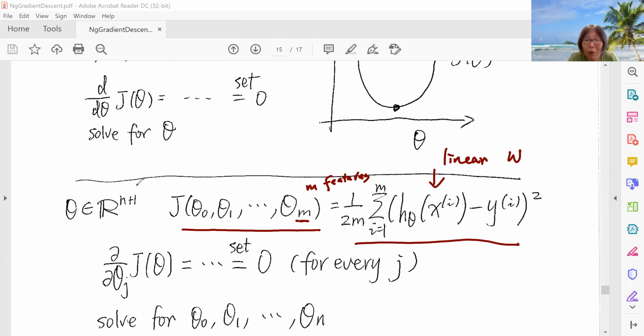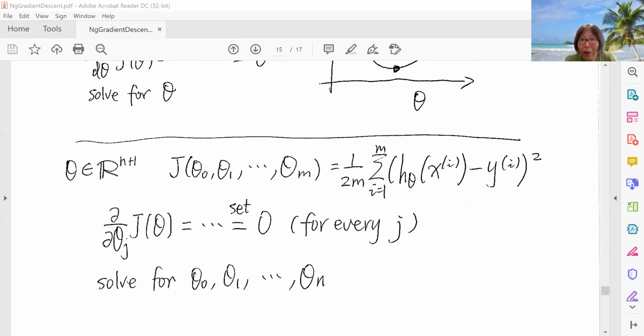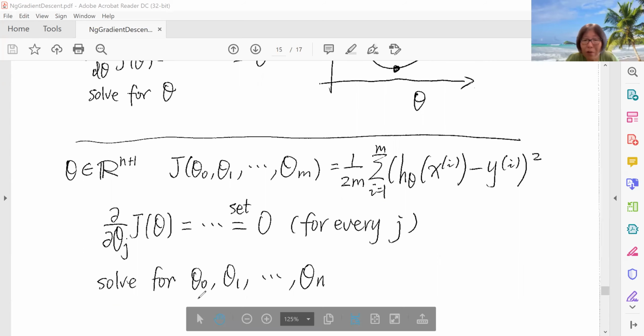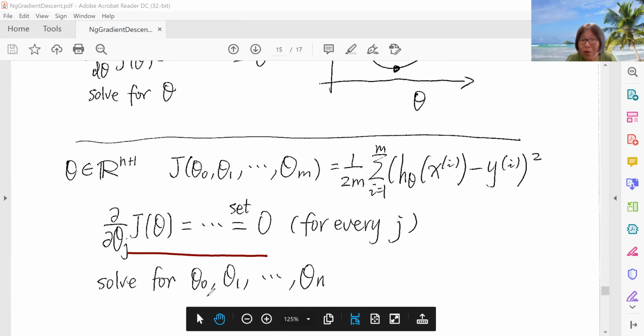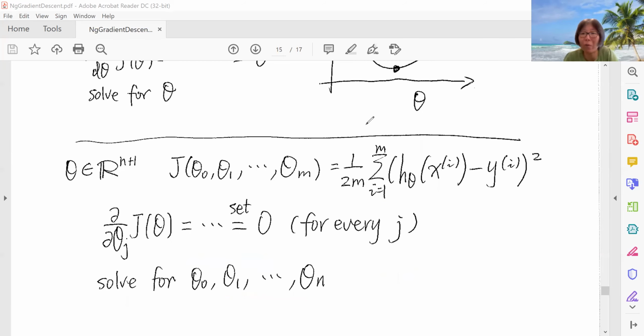So if we do it analytically, you take a derivative regarding each of the weights and set it to 0. Because in this case there are multiple unknown variables, it's basically a simultaneous equation. Then you need to solve it to find W0, W1, all the way to Wn. That's the analytical way.